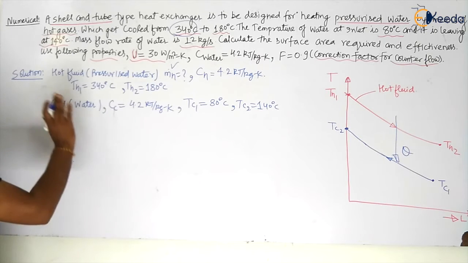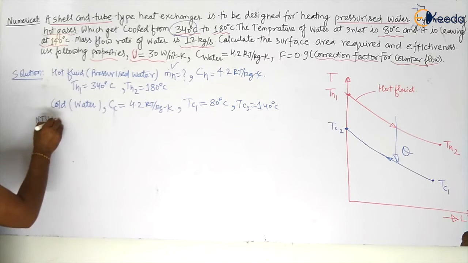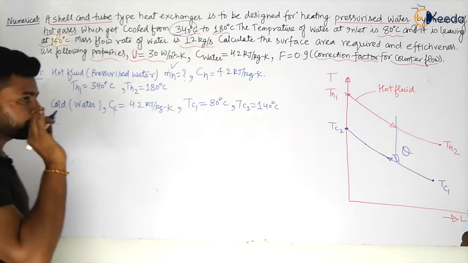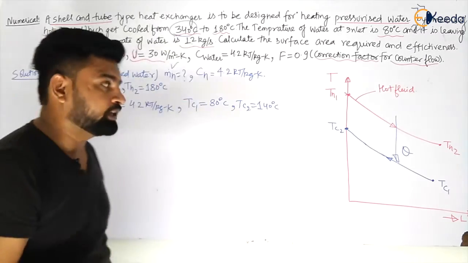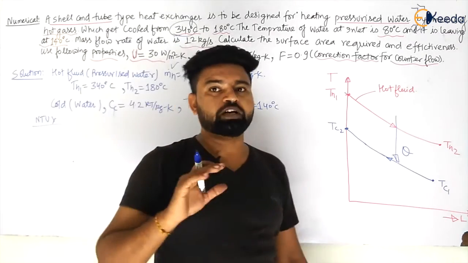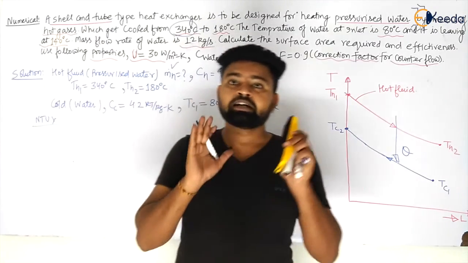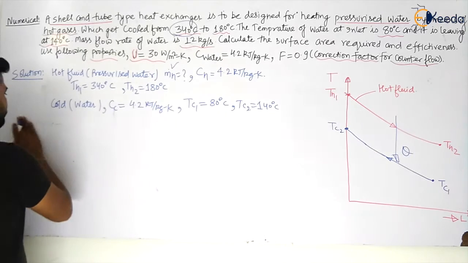If I want to calculate the area, I must know NTU. But my dear students, the trick is that NTU is not given. So how can I proceed? Correction factor is given, and when the correction factor is given, you can use the overall heat transfer rate, and you can easily calculate the area from there. Let us see how.